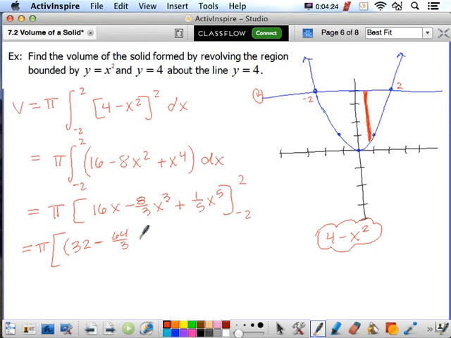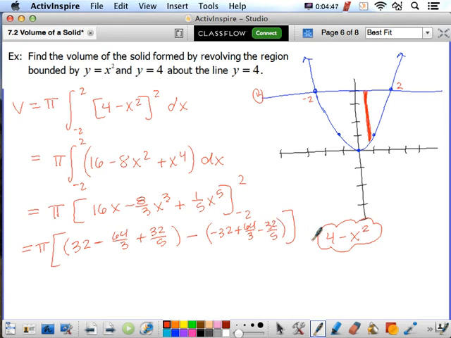Okay, so 32 plus 32 over 5, so there's our positive 2 evaluated. Now we have to evaluate our negative 2, and that will give us negative 32 plus 64/3. And negative 2 to the 5th is negative 32 times a positive 1/5, so negative 32/5.